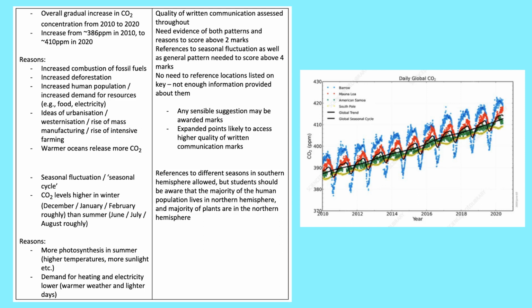So whenever we look at CO2 trends, we'll always find that the levels are highest in the northern winter. So December, January, etc. And that is because most people live in the northern hemisphere and most plants are in the northern hemisphere. So that outweighs the effects of the southern hemisphere and their summer.